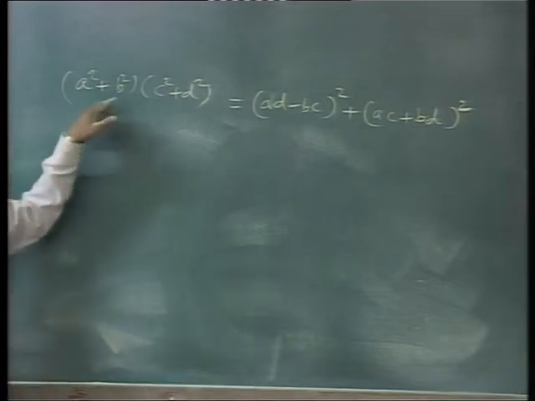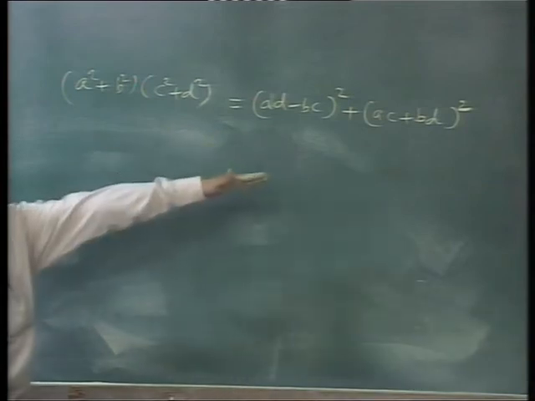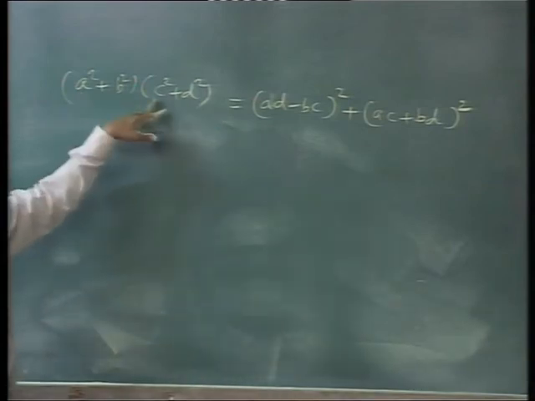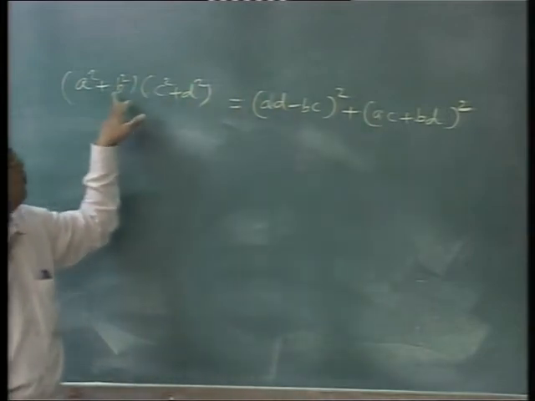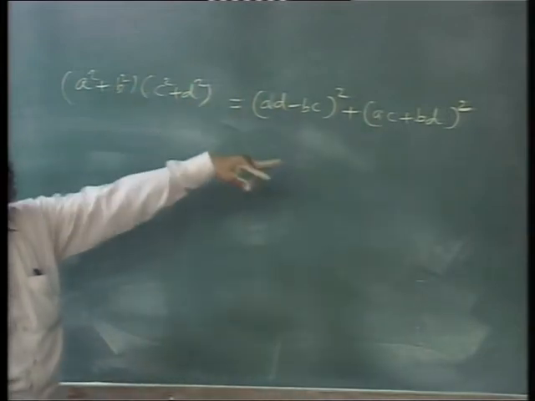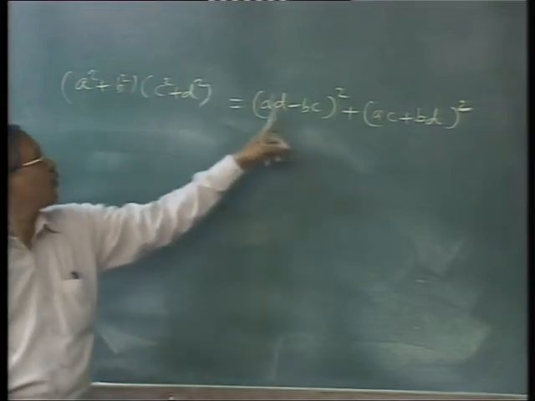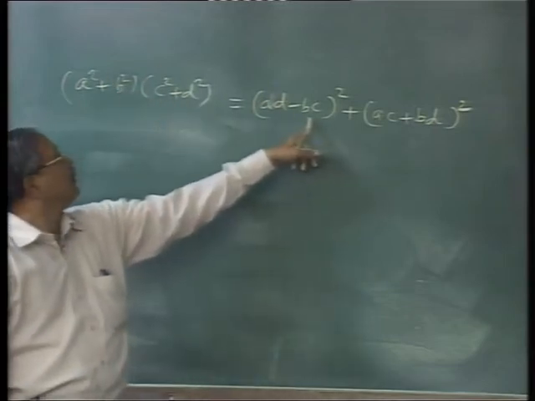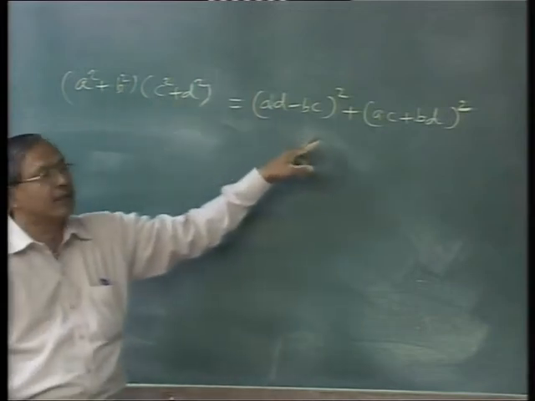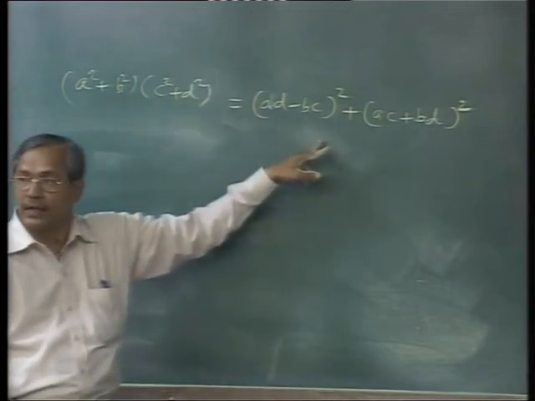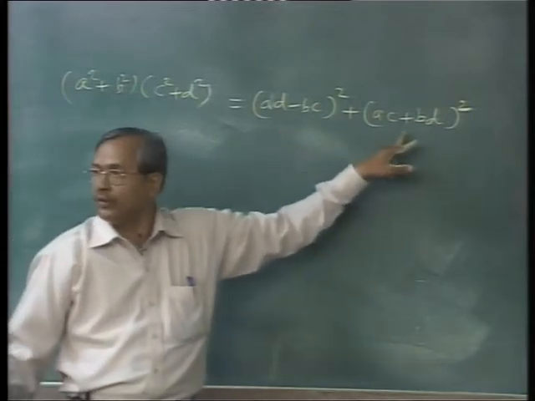The proof is obvious, because if you just expand both sides, you will see that left hand side is equal to right hand side. See, a square c square is here, b square d square is there, a square d square is in this, b square c square is here, and these are 4 terms here, whereas here there are 6 terms, but the middle terms get cancelled, minus 2abcd and plus 2abcd.